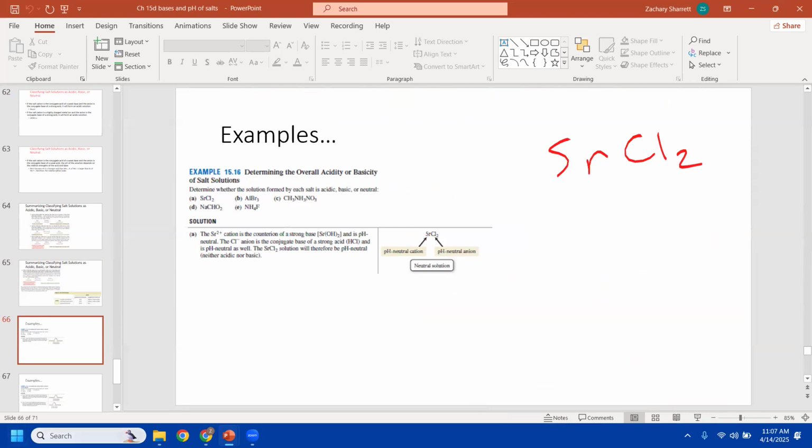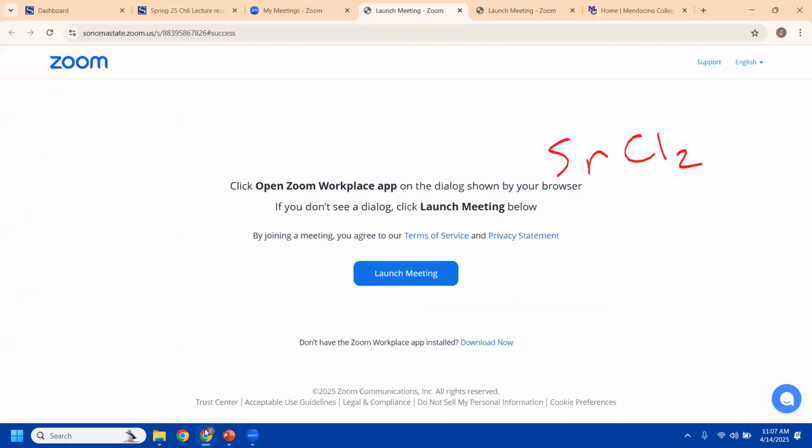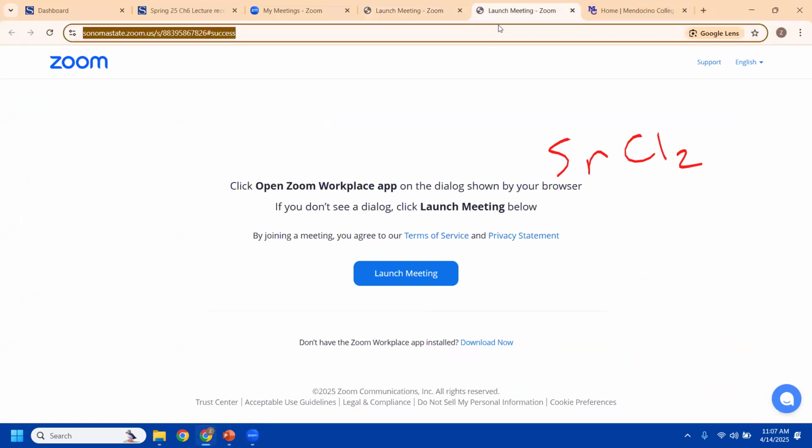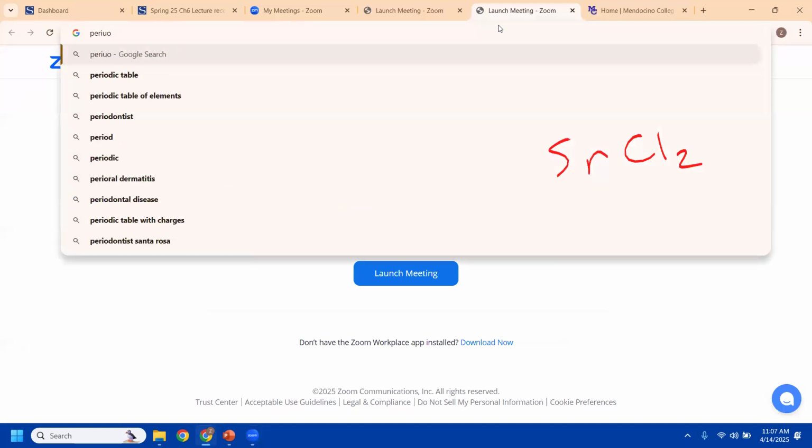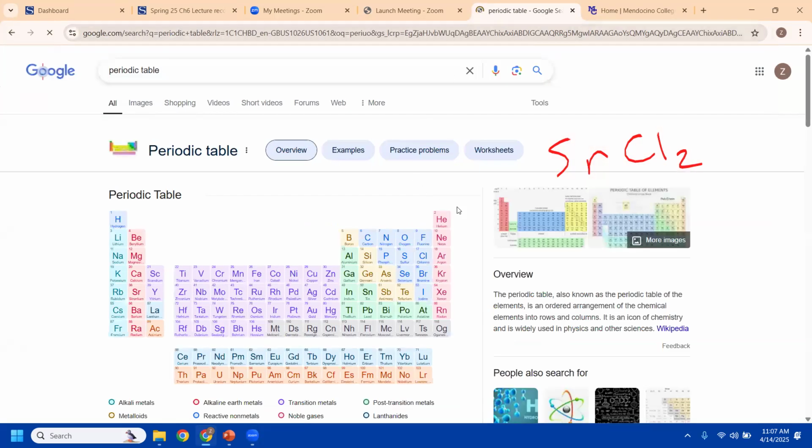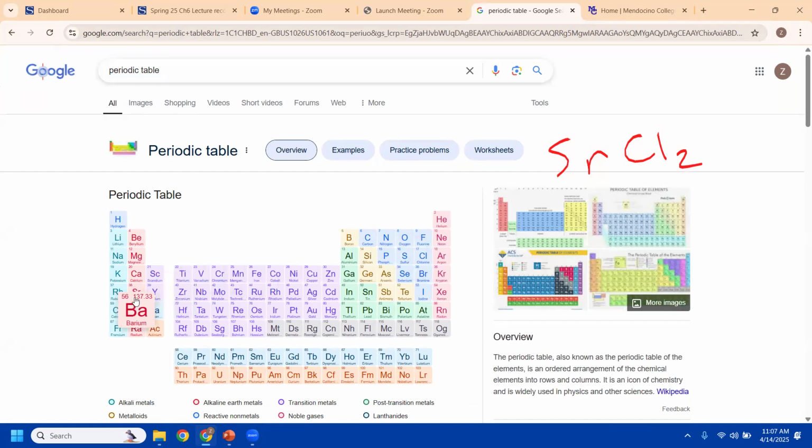Do we have a periodic table? Let's pull one up. Periodic table. So strontium, I guess strontium is probably considered pH neutral also, but let's just verify that.